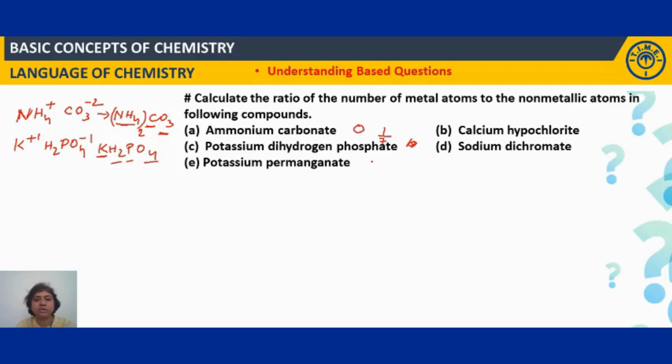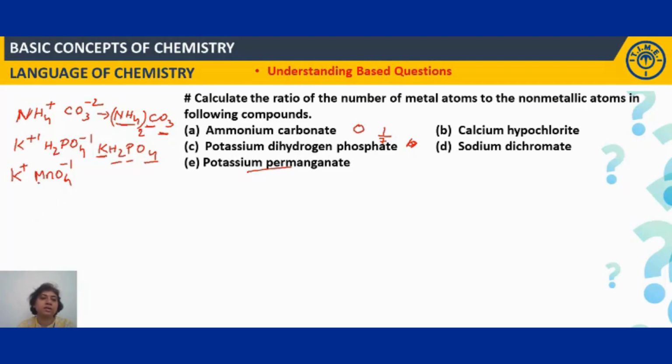Second one, potassium permanganate. Let's do the first column, then we'll go to the second column. In potassium permanganate, potassium is K plus 1, permanganate is MnO4 minus 1. If it is permanganate, MnO4 minus; if it is manganate, MnO4 minus 2.